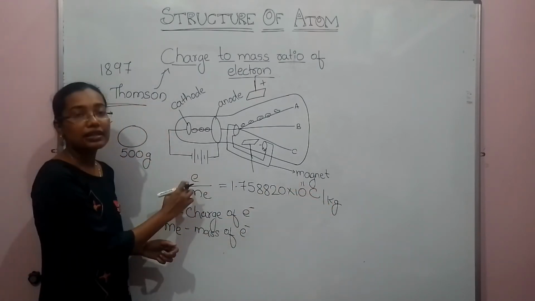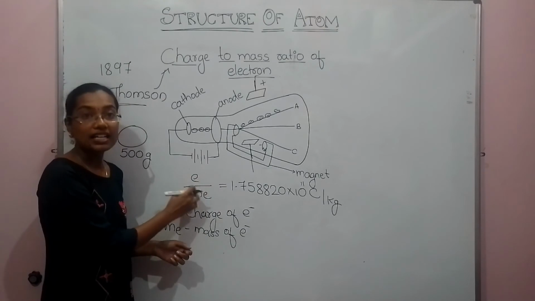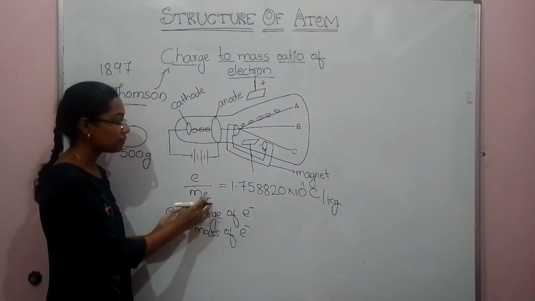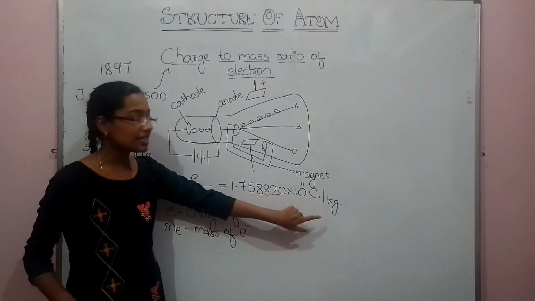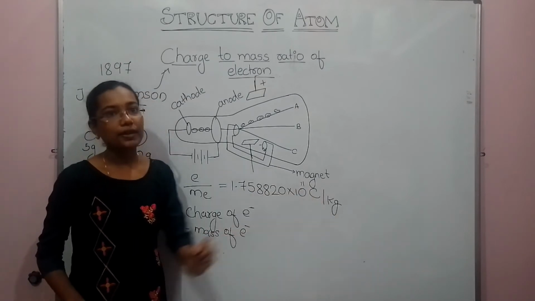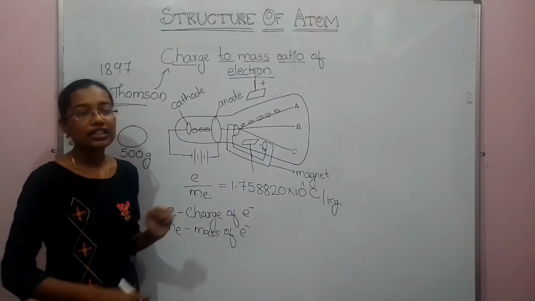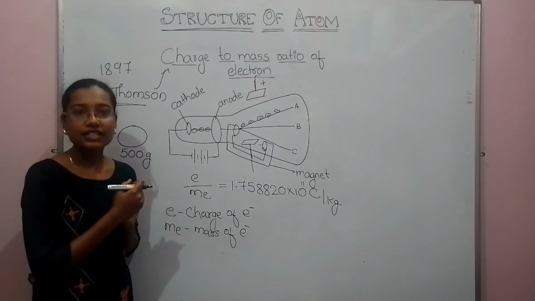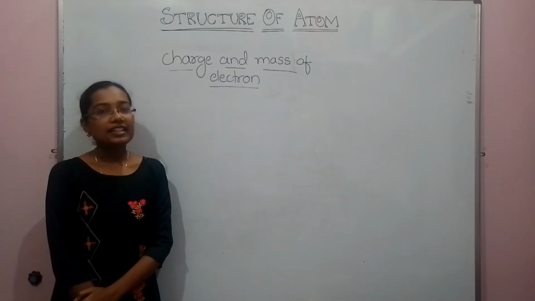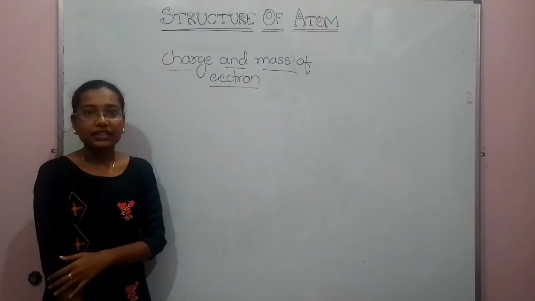Here charge will be in coulombs and mass will be in kg, so the unit is coulomb per kg. Okay, this is about the charge to mass ratio of the electron given by the scientist J.J. Thomson. Now we'll see the charge and mass of the electron.